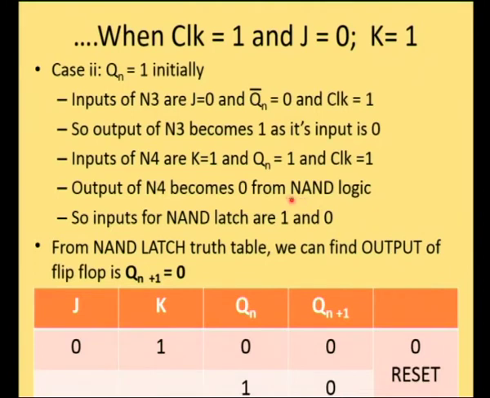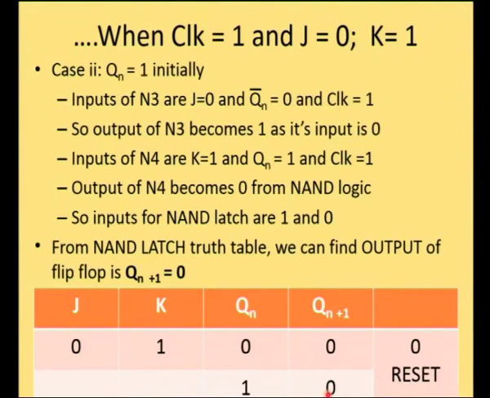From the NAND gate logic, you will know the output of N4 becomes, yes, you are right, 0, and hence the NAND latch inputs become 1 and 0. Why so? The outputs of N3 and N4 are fed as the inputs of the NAND latch. From the NAND latch truth table, you will find that the output becomes 0.